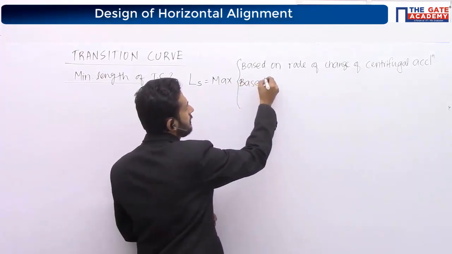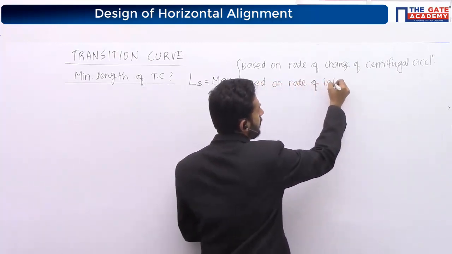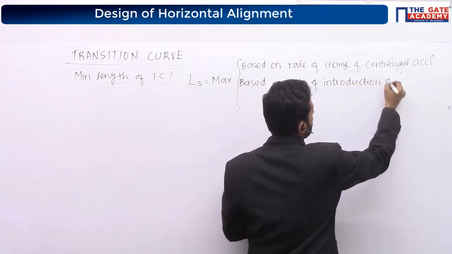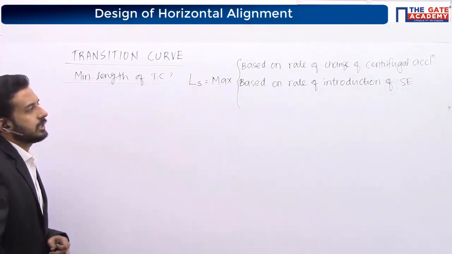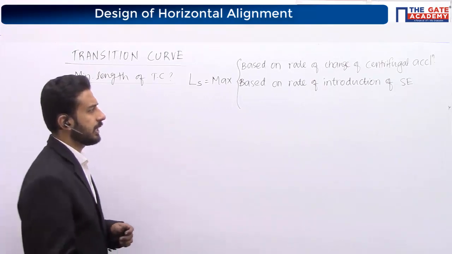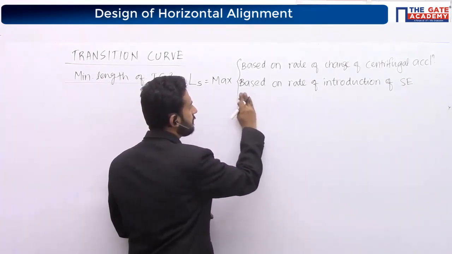Second, based on rate of introduction of super elevation. I'm just putting a shortcut: SE means super elevation. And the last thing is based on some empirical formula.